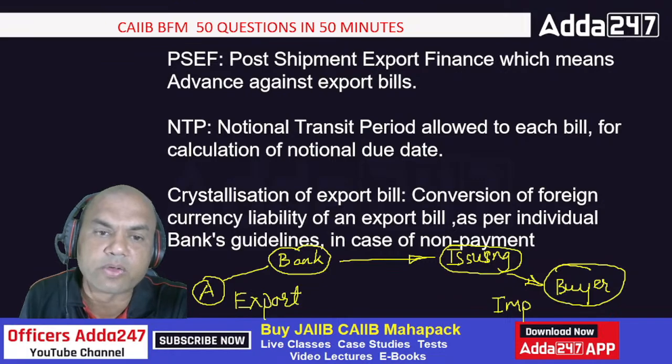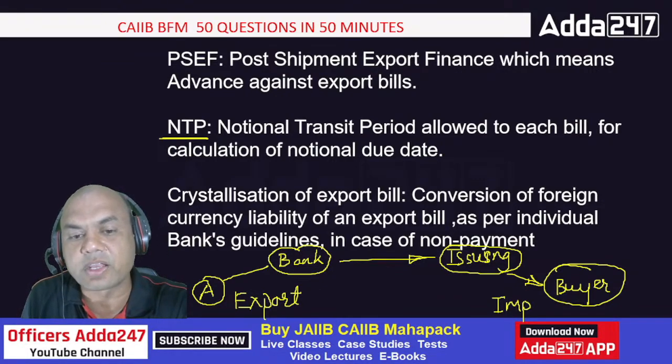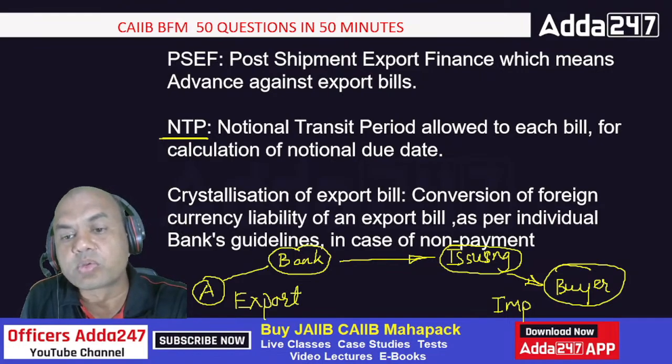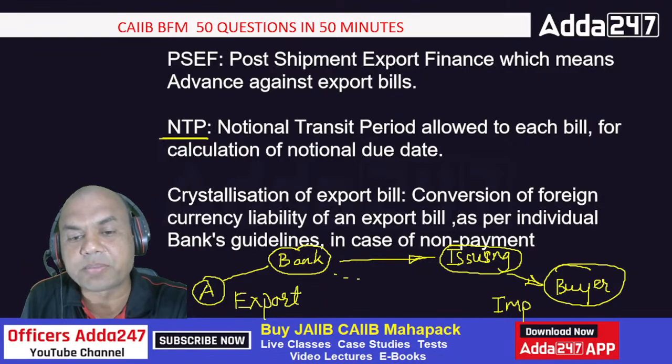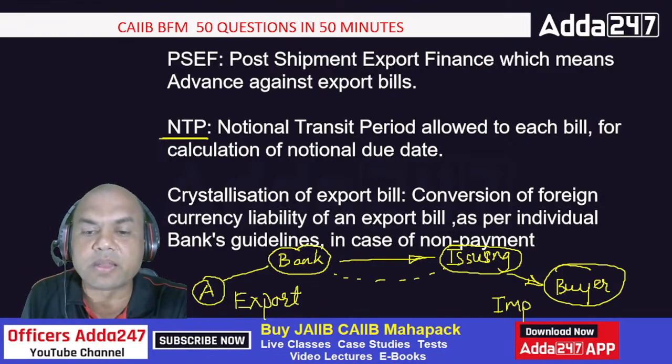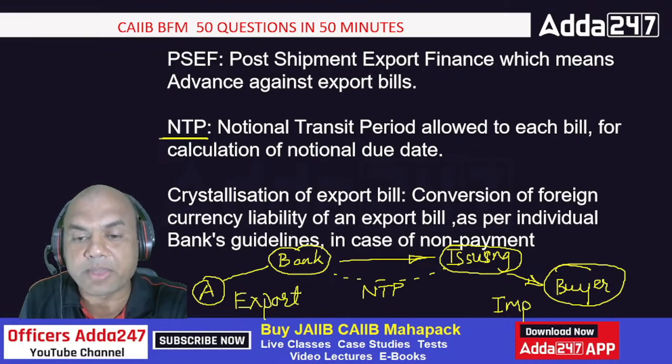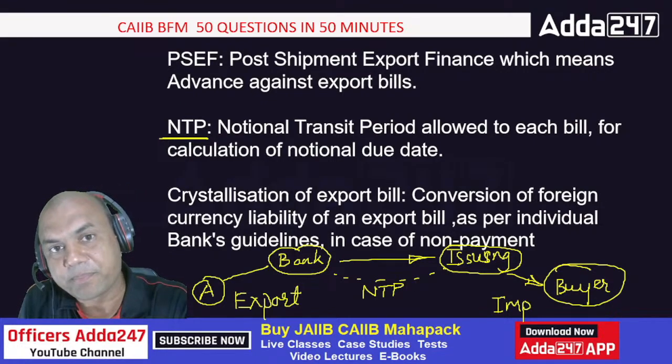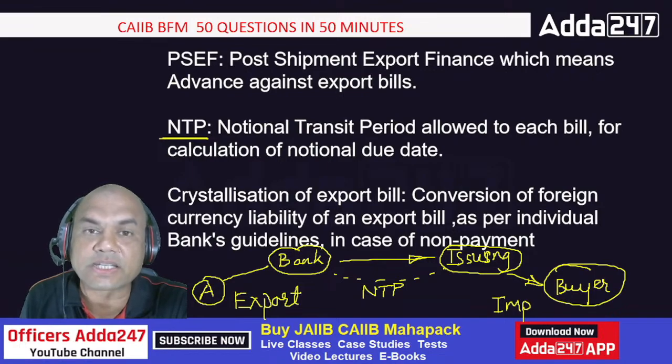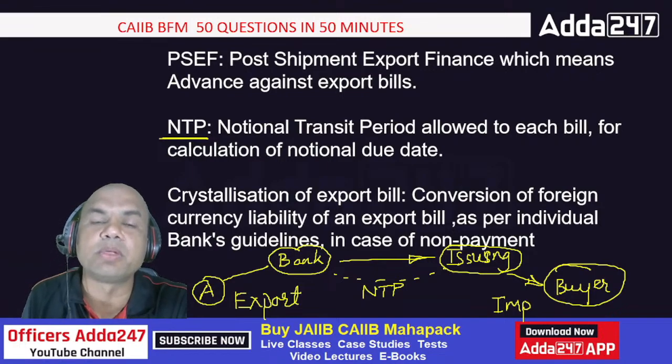Now the point over here is, what is NTP? NTP means the days required for me to send the documents from here to this issuing bank. This gap is known as NTP. Documents reach from my bank to the issuing bank, and the issuing bank checks the documents and then pays back to me.